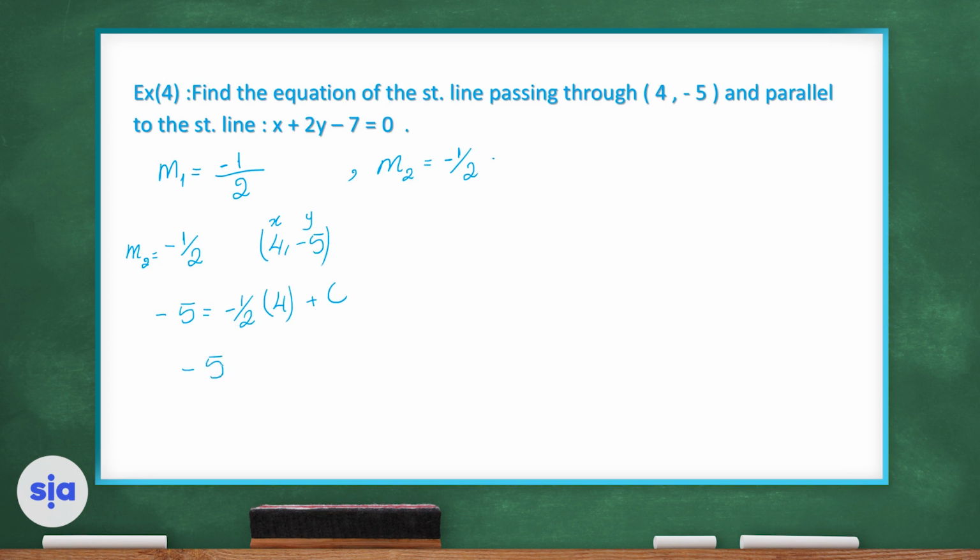So negative 5 equals negative 2 plus c, then c equals negative 3. Then to write the equation of the straight line, y equals the slope value m, x, and then you put minus 3 for the c.